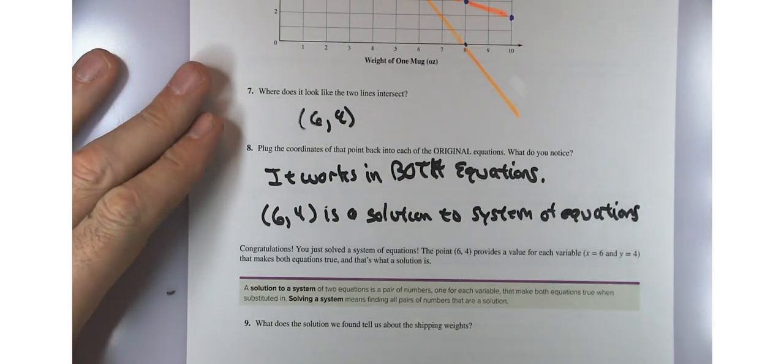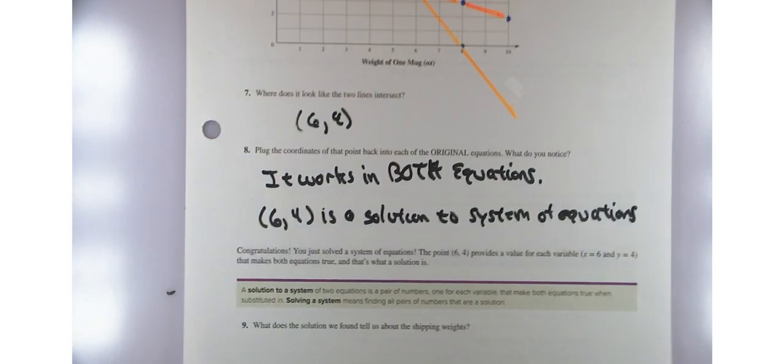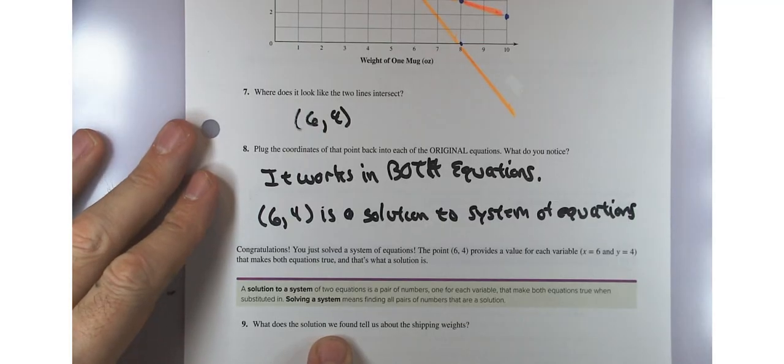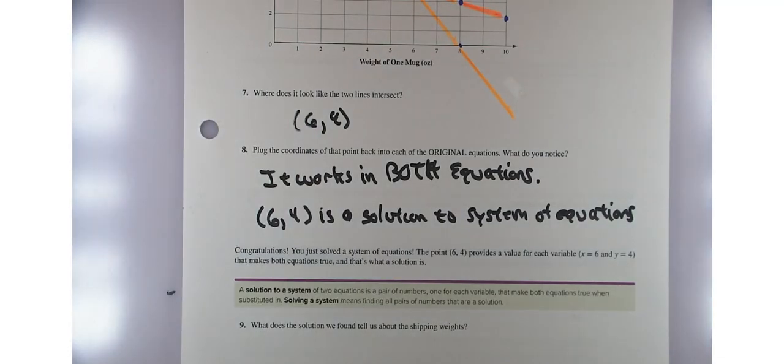Let's keep in mind that somehow or another this referred to the weights of a coffee mug and the weights of a packet. And the question is telling us, what does this tell us about the shipping weights of the items that we're working with? What information am I getting now that I got this 6 and 4? What does that tell me?